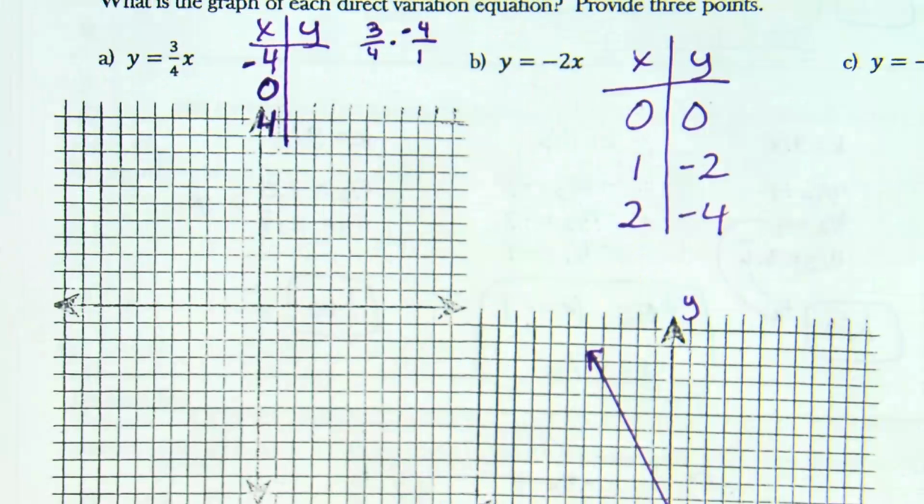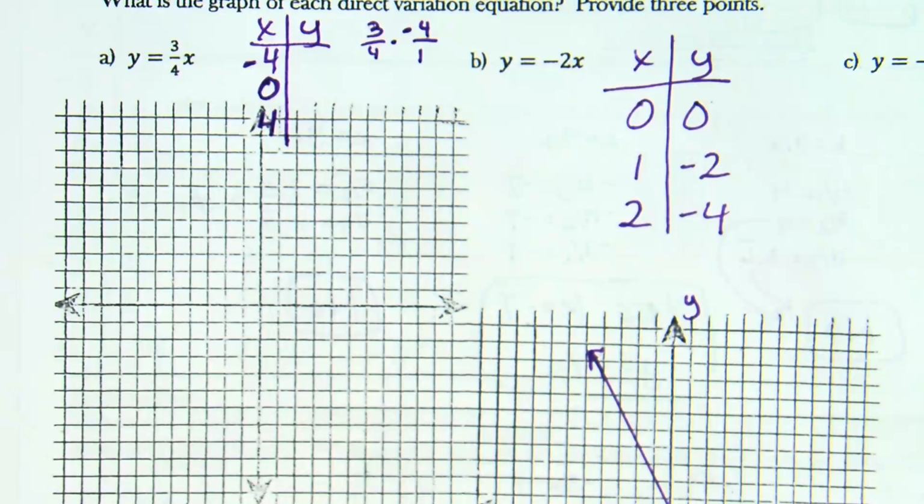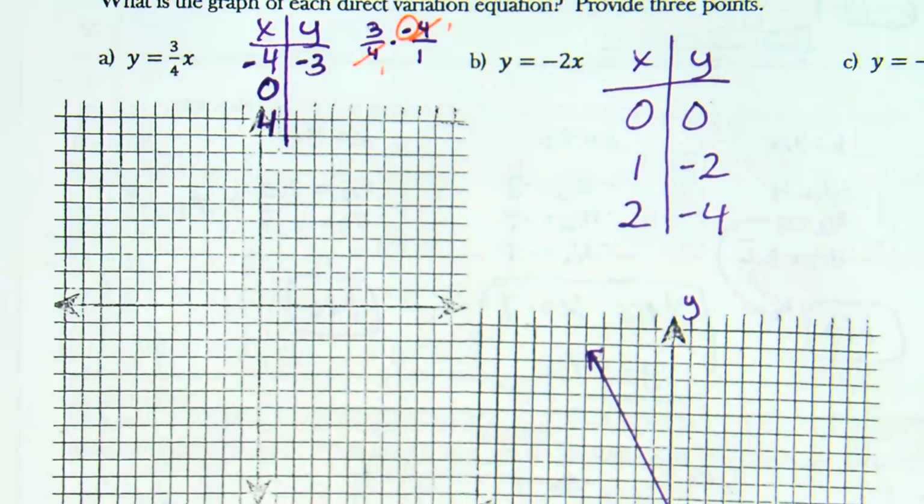I like to teach the fact that a 4 and a 4 will cross cancel. Now, there is still a negative here, isn't there? So it's negative 3. So 3 times negative 1 is negative 3. Okay, so multiplying by a multiple of the denominator is good.